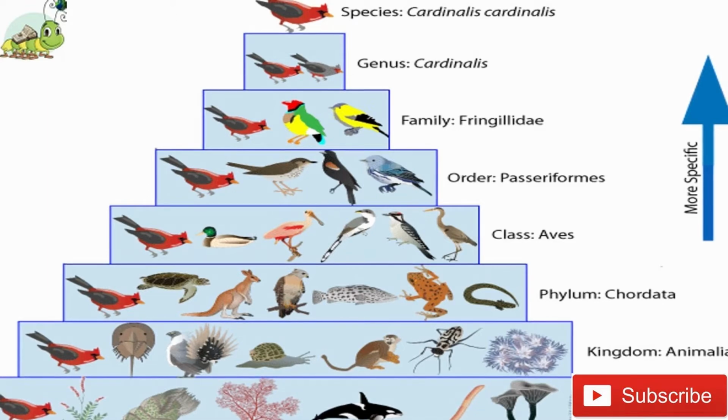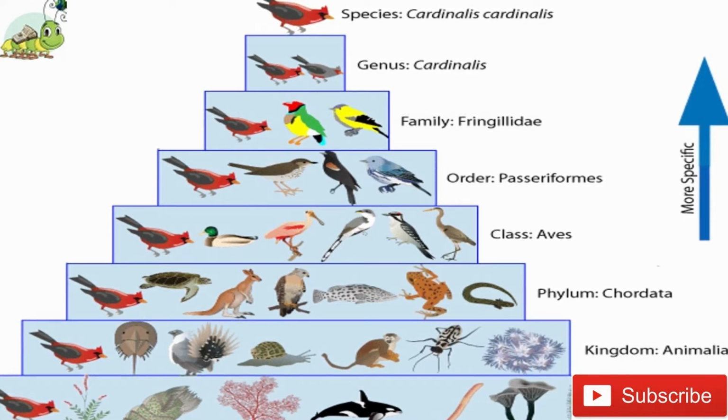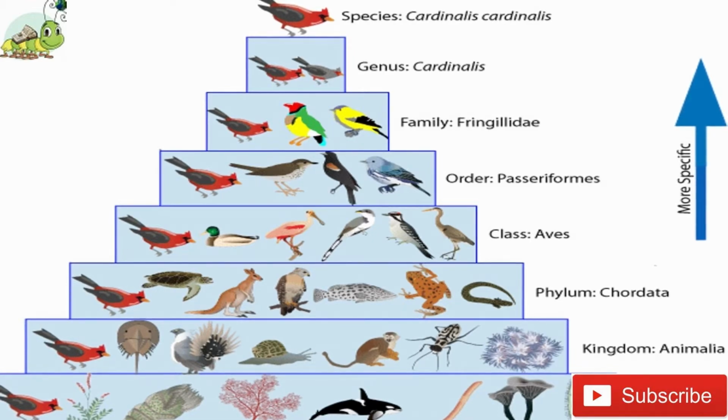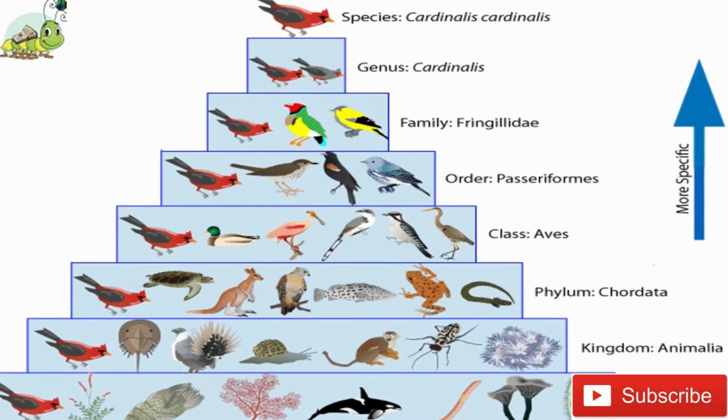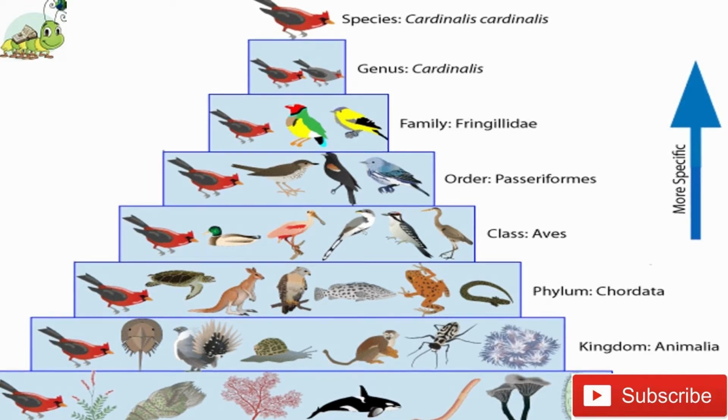There are an estimated 8.7 million different species of organisms on Earth, but the vast majority have yet to be discovered and categorized. While each genus name is unique, the same species names can be used for different organisms. For example, Ursus americanus is the American black bear, while Bufo americanus is the American toad.